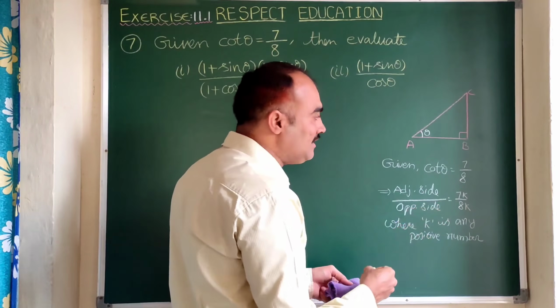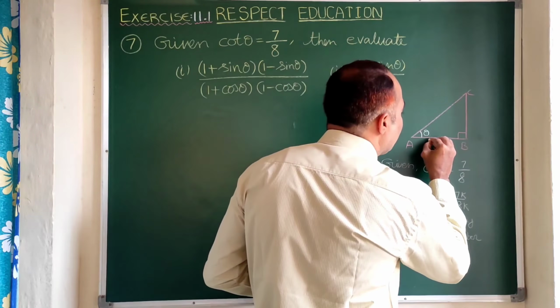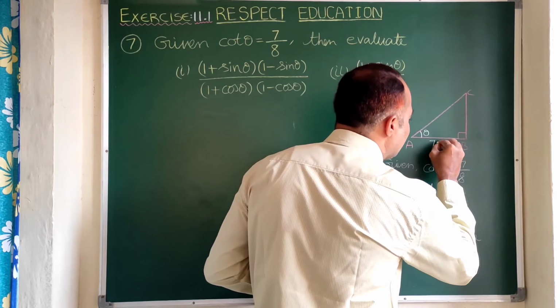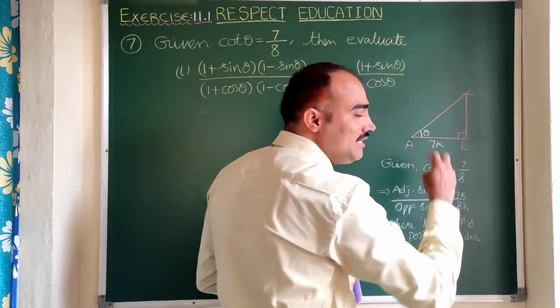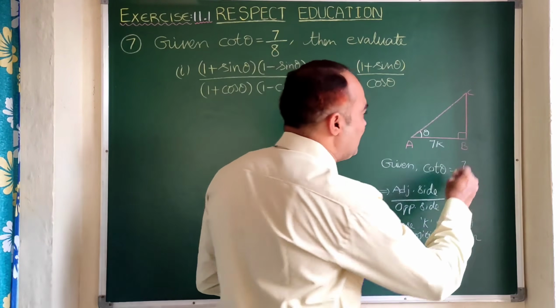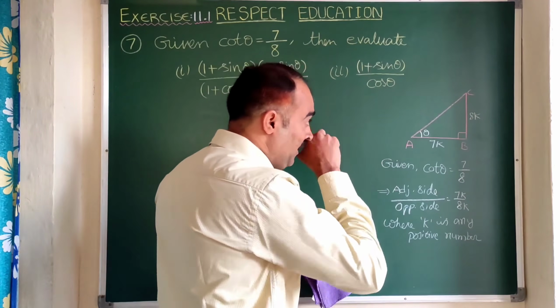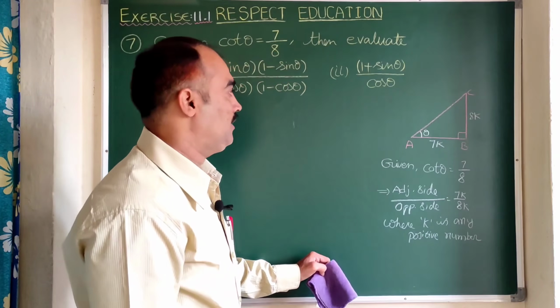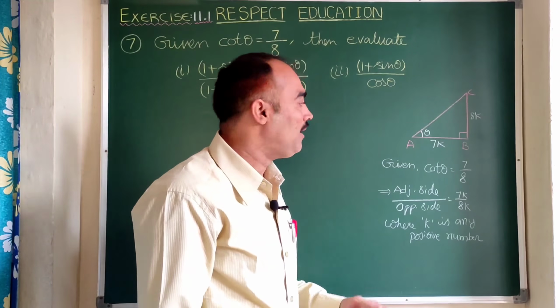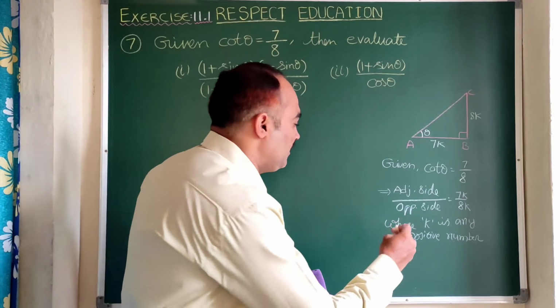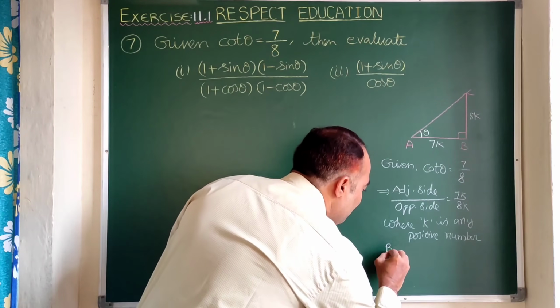Adjacent side can be taken as 7k. So here this is the adjacent side, 7k. And for theta, what is the opposite side? BC, that is 8k. So now we need to find the hypotenuse, that is AC, by applying what theorem? Pythagoras theorem. So let us apply Pythagoras theorem here.